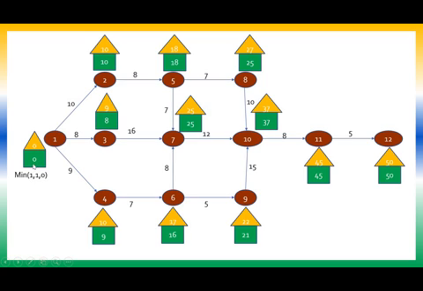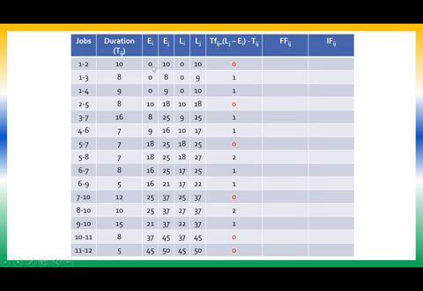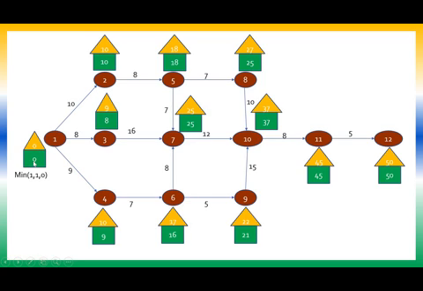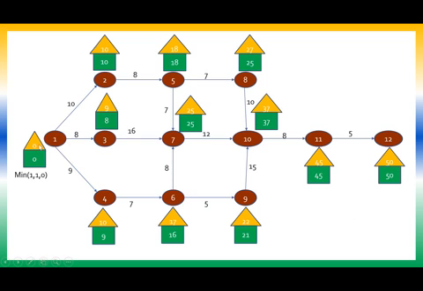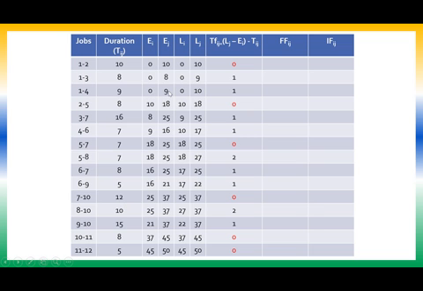Rectangle value at 1 is 0, rectangle value at 2 is 10. So that is what I have written. For 1 and 3, rectangle value at 1 is 0, rectangle value at 3 is 8. So 0, 8. Then 1, 4: 0, 9. So I have written 0, 9.